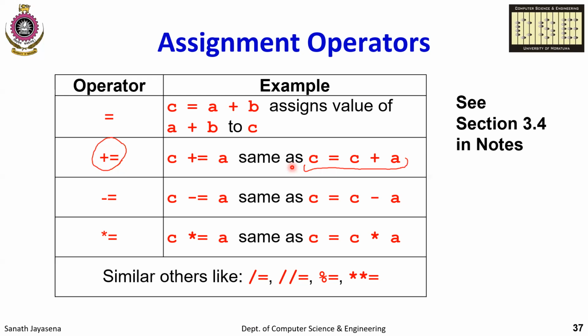This is equally applicable to minus equal, star equal, and also division, integral division, modular division, and exponentiation. For all these cases, you can do that. So that's another assignment operation, a compact way of writing x equals x plus 1. Further details, you can refer to section 3.4 in your notes.